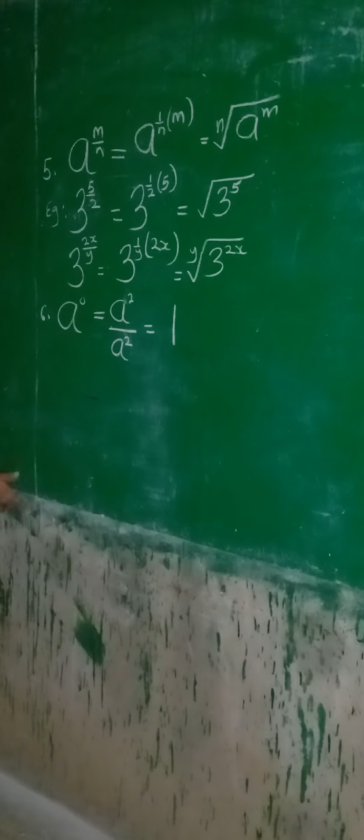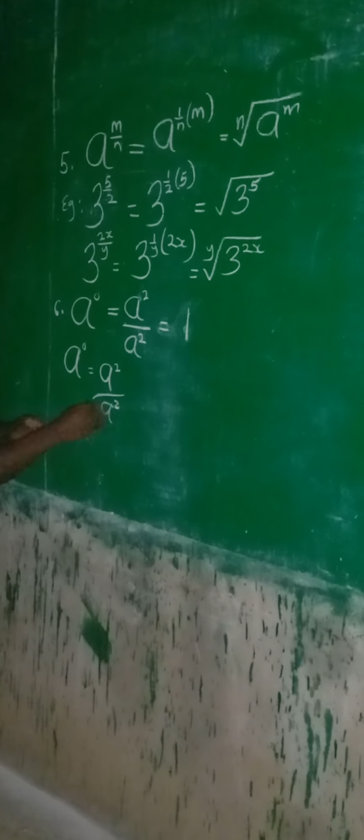You can write it this way, just because the bases are the same, the exponents are the same, and they are divided. It is going to be 1. Let's prove something. A exponent 0 is equal to a exponent 2 all over a exponent 2.